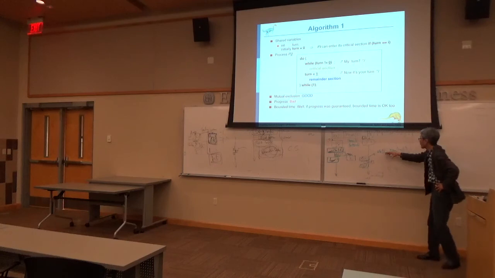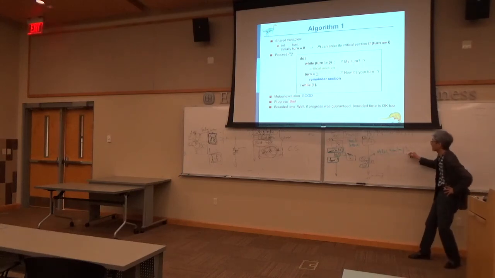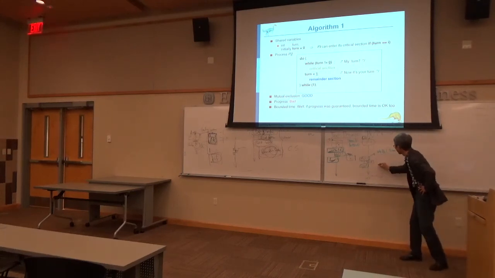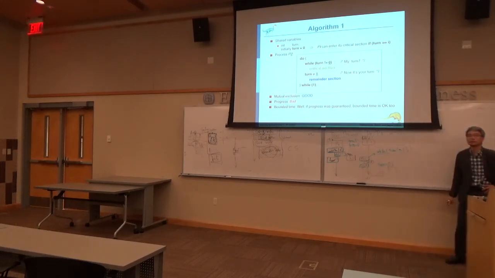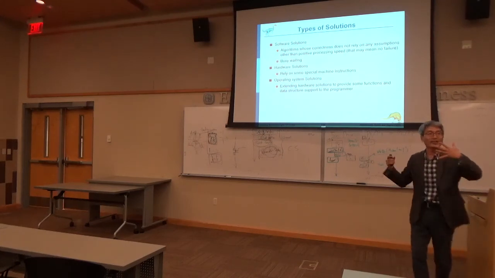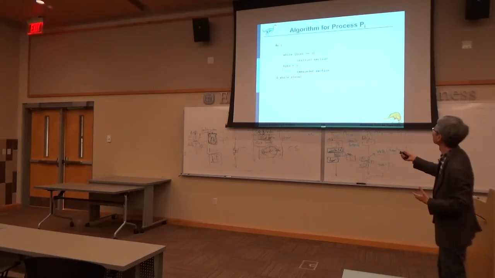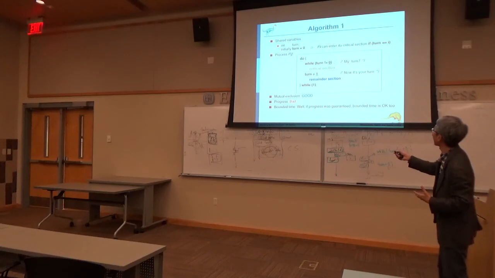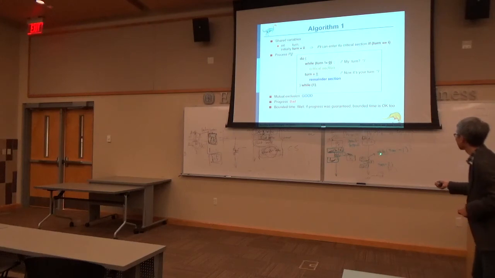In the case of process 1, the entry section is like that. The exit section is turn is 0. This is process 1. The operating system adds this code as the entry section for process 0, and process 1 is this.